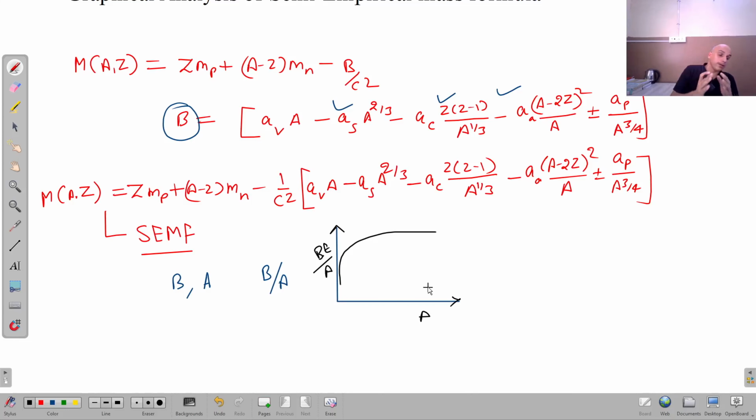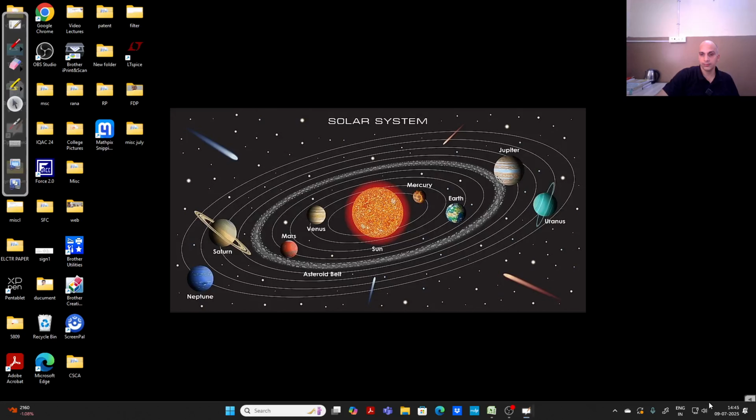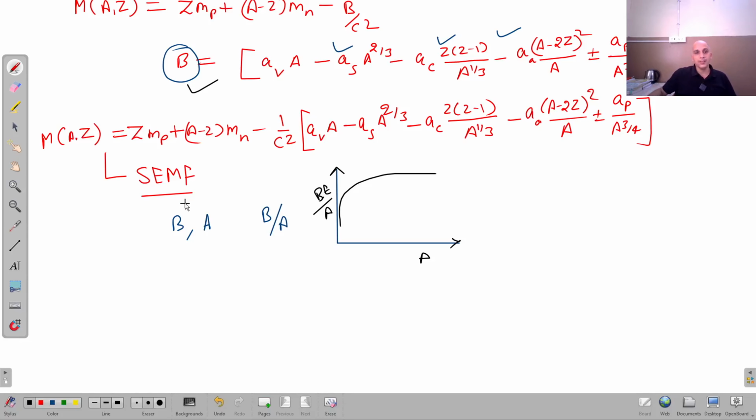So here in this semi-empirical mass formula, we have calculated this binding energy. This is the expression. Now I want to check whether this graph is exactly similar to the graph that is obtained from here or not, right? This is the graph that we have discussed in unit number 1, the binding energy per nucleon graph.